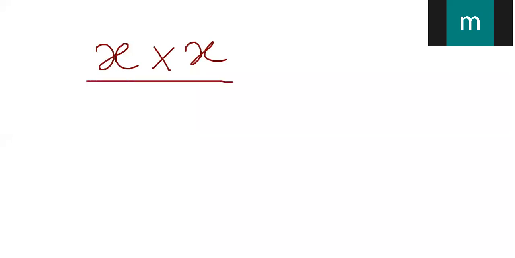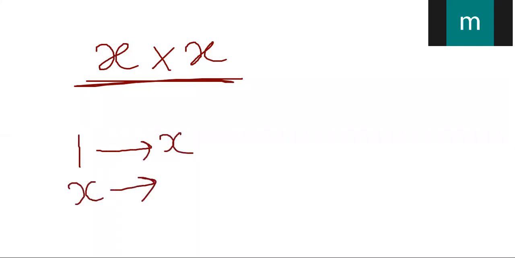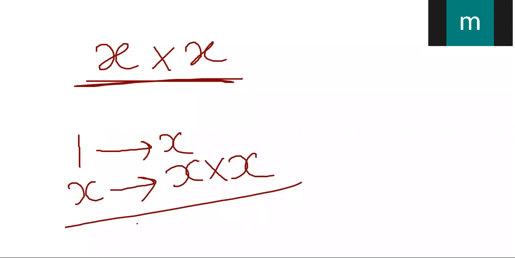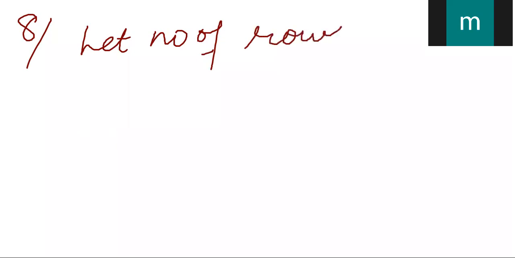कि अगर आपके पास x plants हैं, ठीक है, x ही number of rows हैं, तो ये क्या हो जाएंगे आपके पास टोटल प्लांट्स. एक रो में x प्लांट्स हैं, ठीक है, तो टोटल x रोज में कितने प्लांट्स हो जाएंगे? x मल्टीप्लाई x. Same thing we are going to do here. So let here, let number of rows is equal to x.